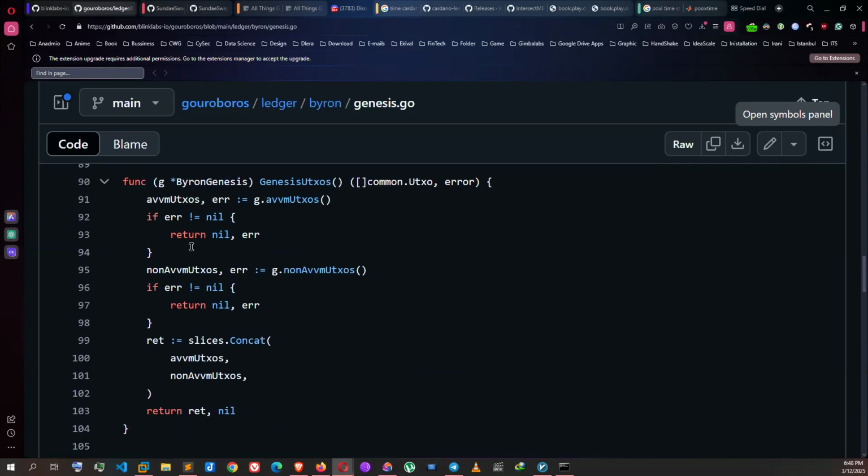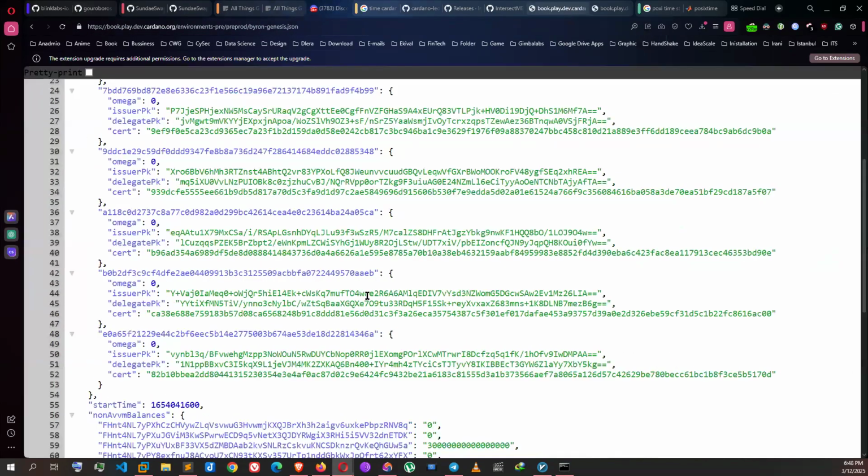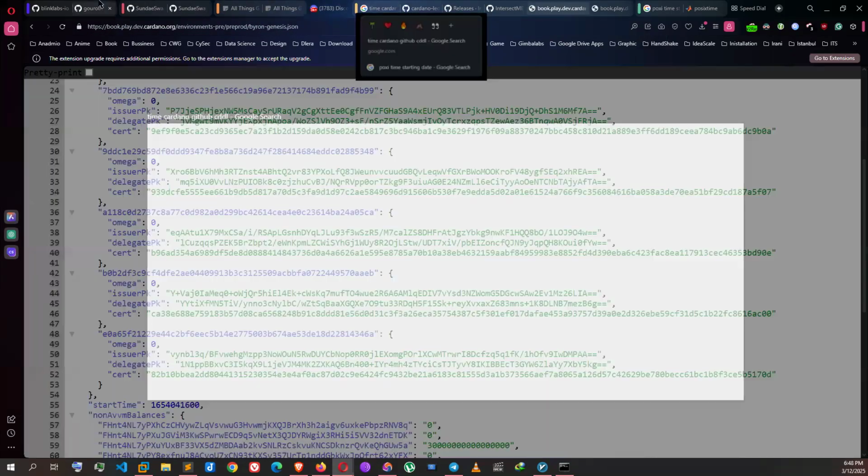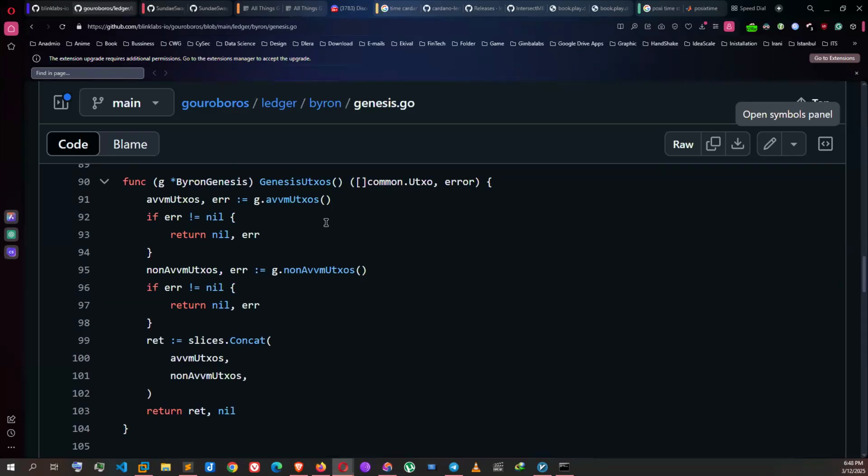So currently what we've been working on is exactly that. We're able to read that JSON file and generate the initial set, these Genesis UTXOs, which means we're generating essentially the first block without there being a block.